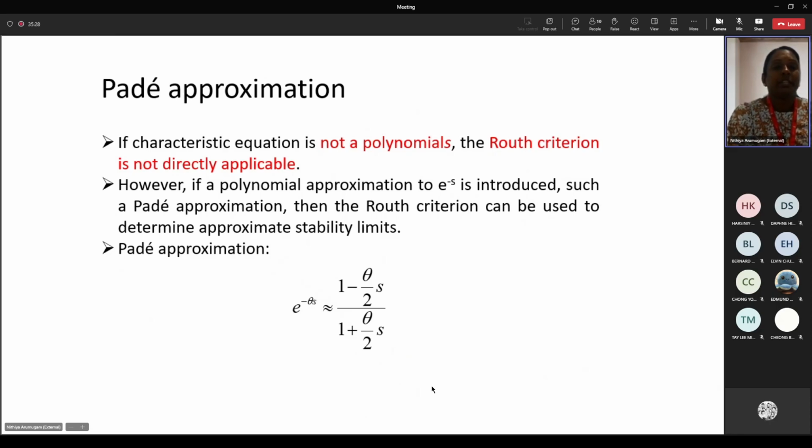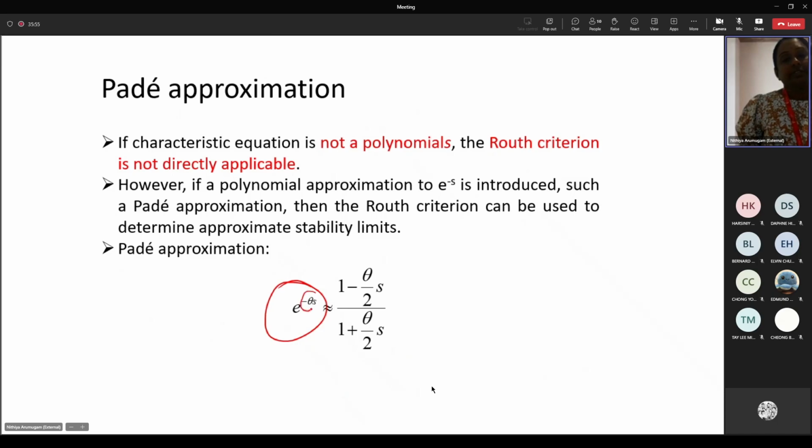What they mean by not a polynomial is, let's say we have an equation in terms of e to the power of negative theta s. We can approximate the system as 1 minus theta over 2 s over 1 plus theta over 2 s.